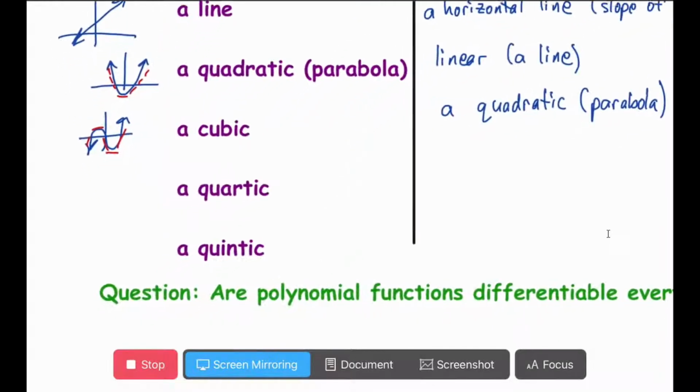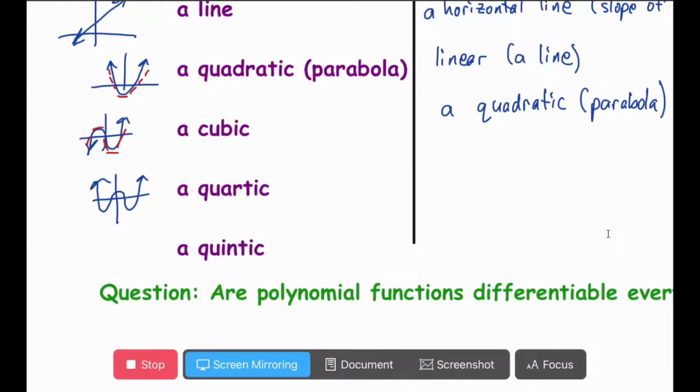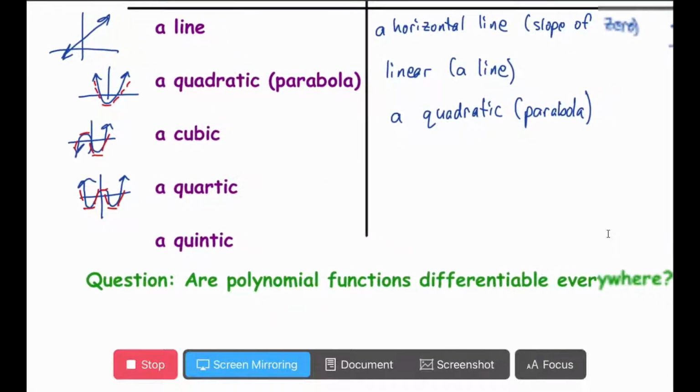And then when we looked at a quartic function, we might have seen that our instantaneous rates of change were negative, and then 0, and then positive, and then 0, and then negative, and then 0, and then positive everywhere else. And so the shape that's going to give us that kind of pattern is a cubic function.